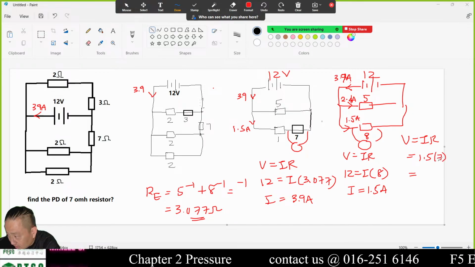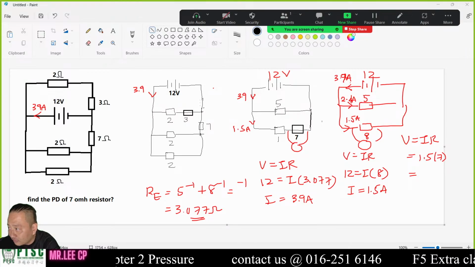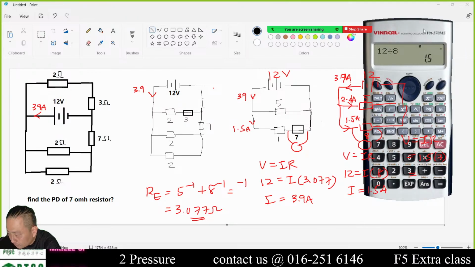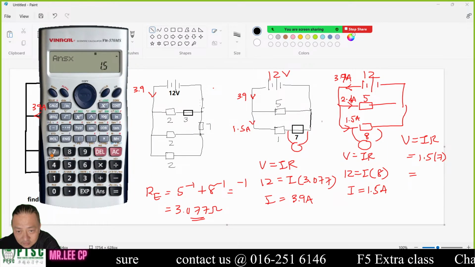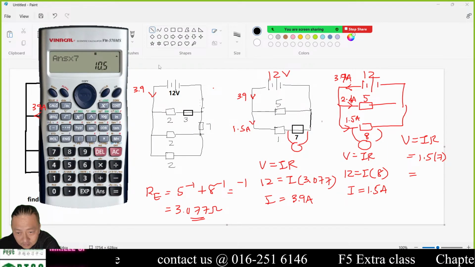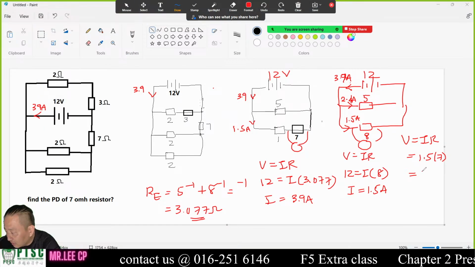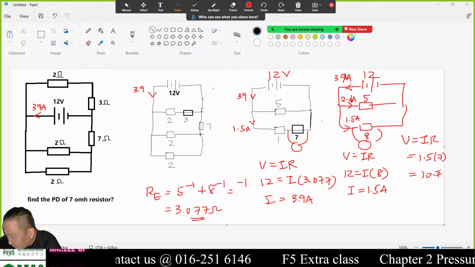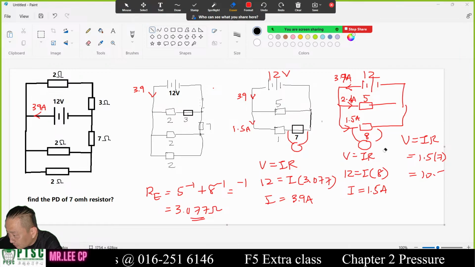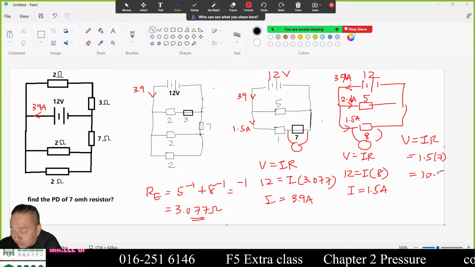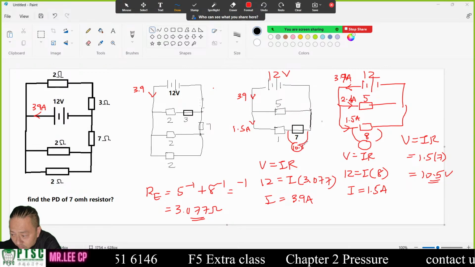So 1.5 times 7, I will get 10.5. 10.5 unit volt.